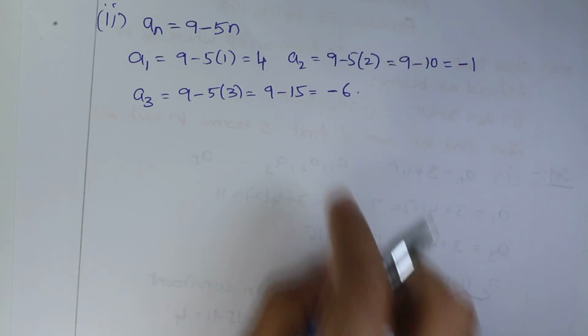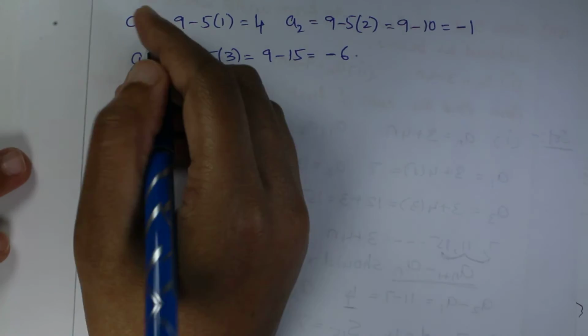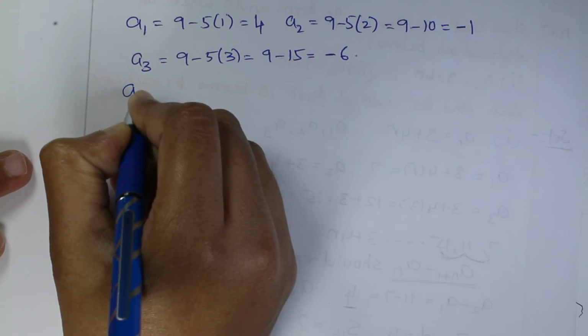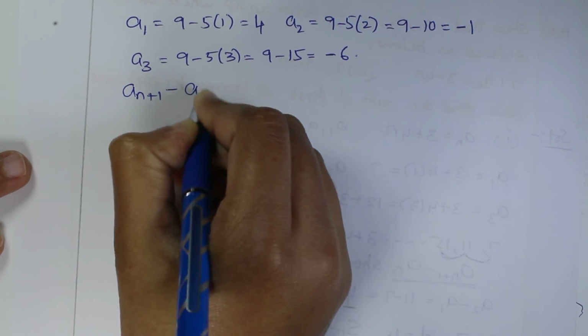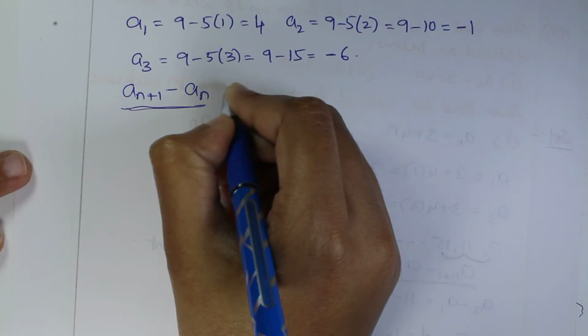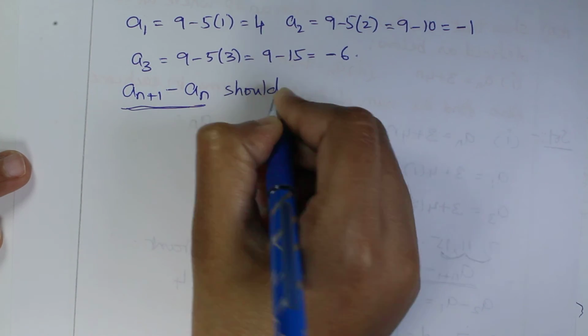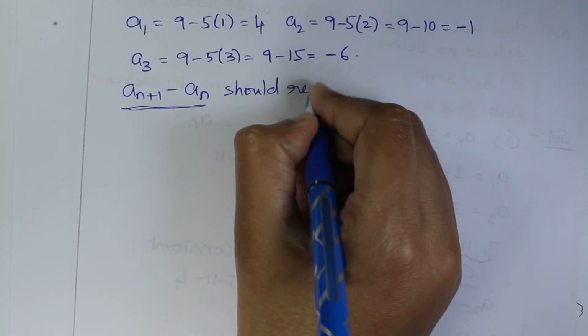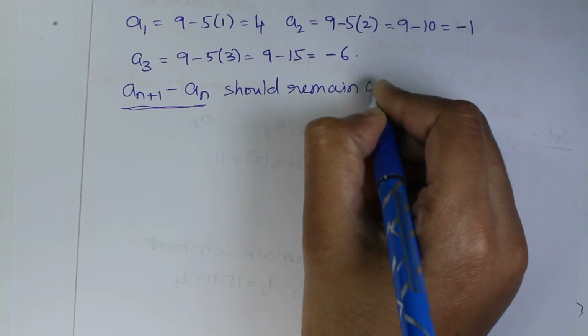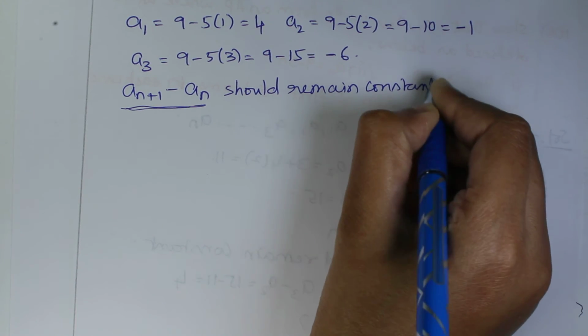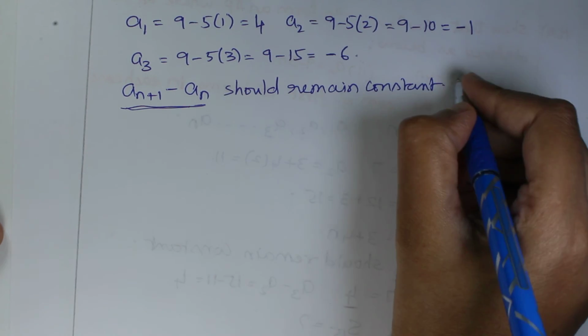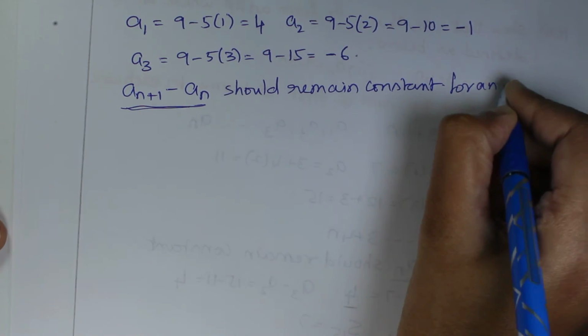Now let's find the difference between two consecutive terms. an plus 1 minus an should remain constant if the series is an arithmetic progression. This is the condition for an AP.